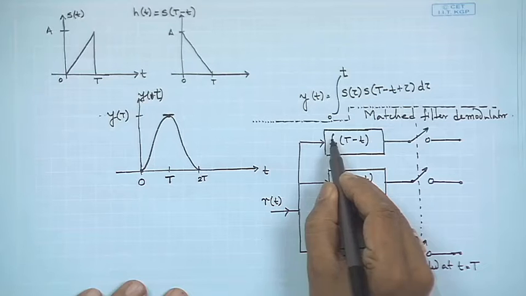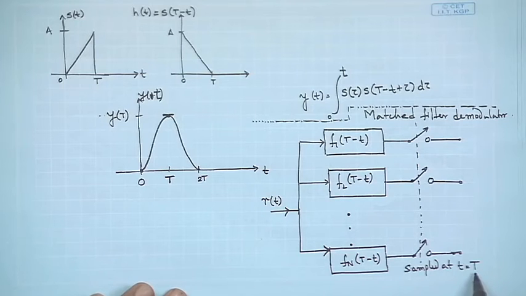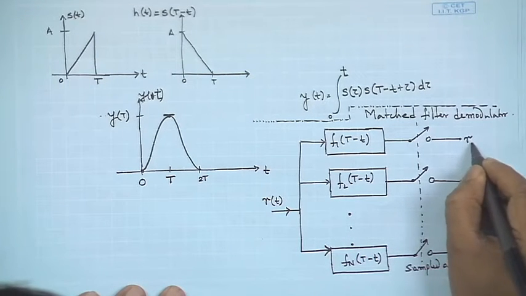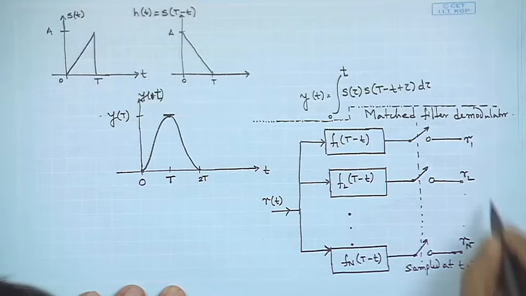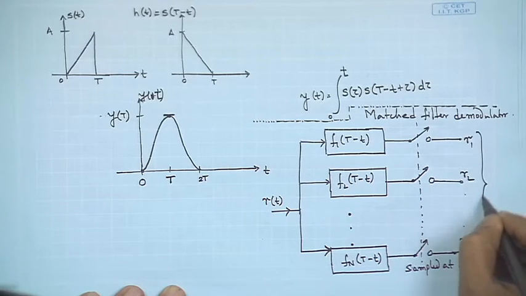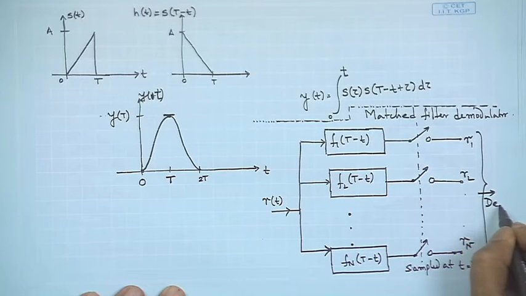So, there is a filter which does convolution and the end result is the same as what we have seen, and then it is sampled at t equals capital T. So, what you get is R1, R2, Rn, and these go to the decision device.